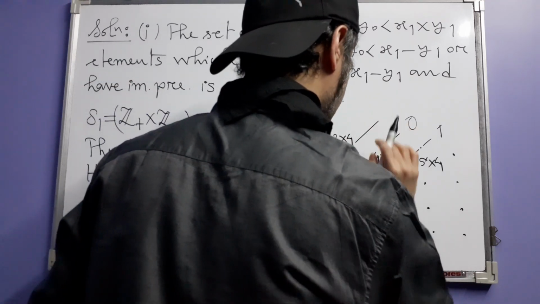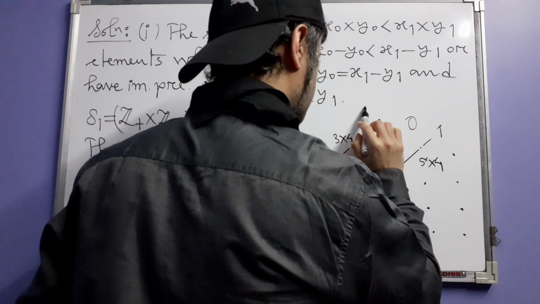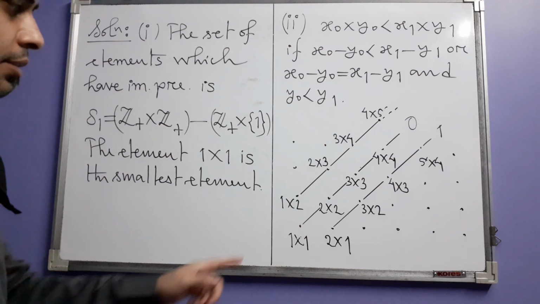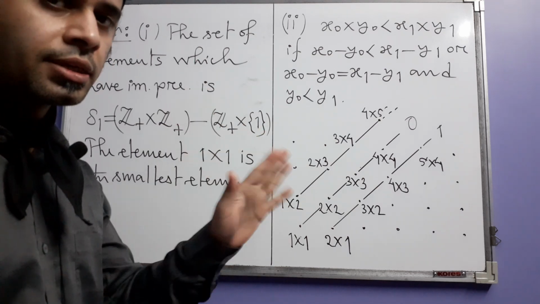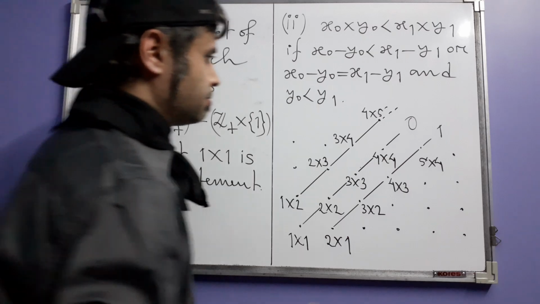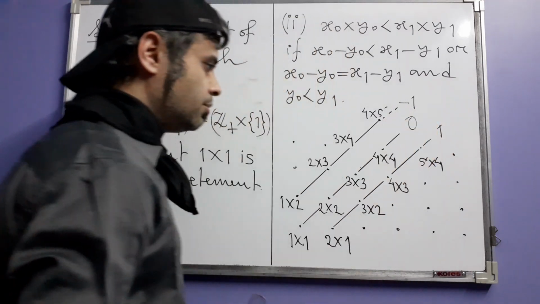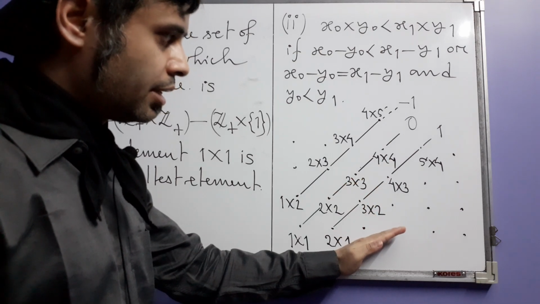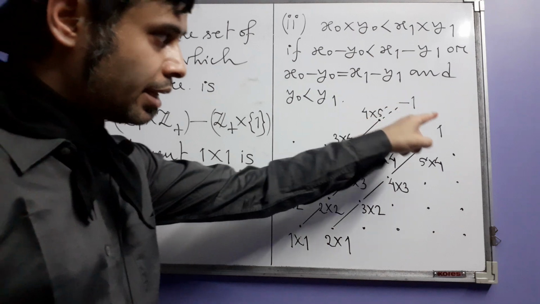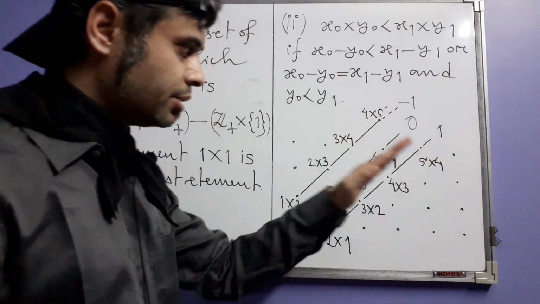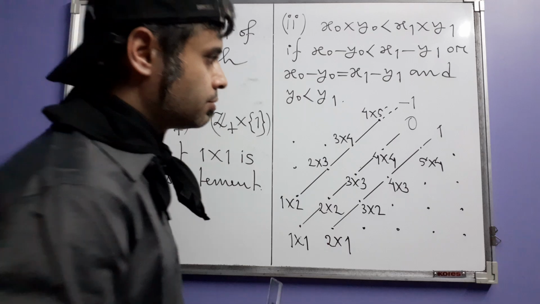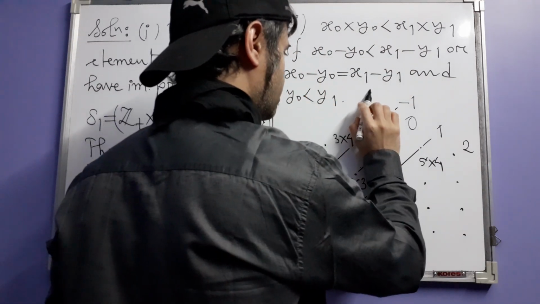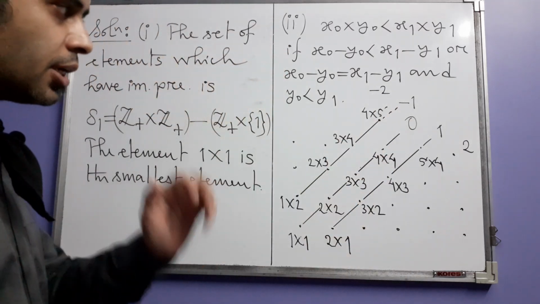If I draw say another one, 4 times 5, and it will continue like that. In this case, however, for these points x naught minus y naught is minus 1. Now a pattern is emerging. You can tell without even looking at the points what that number will be for the line below this line. It will be 2. And the line that lies above this line will have the number minus 2.